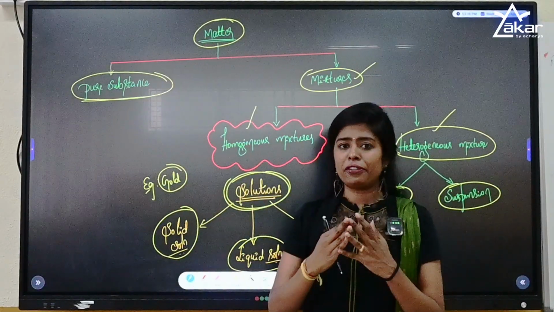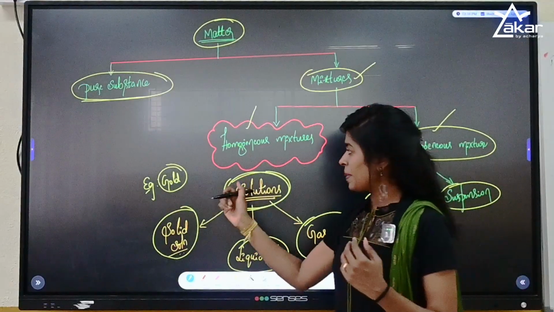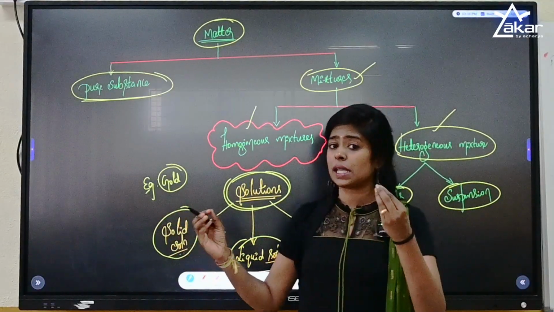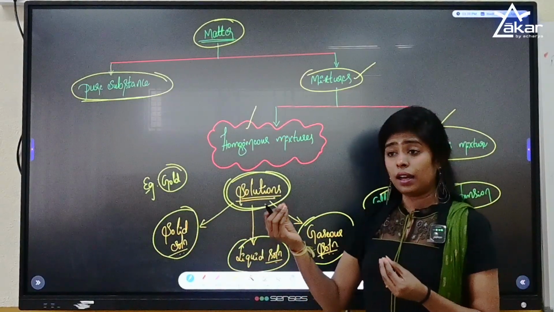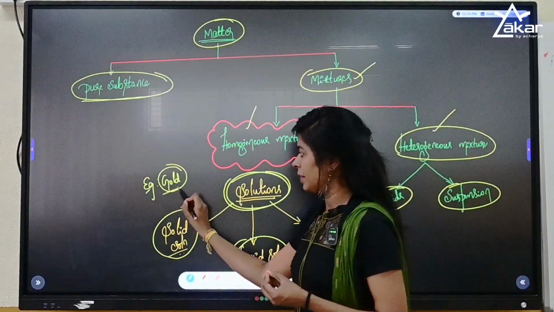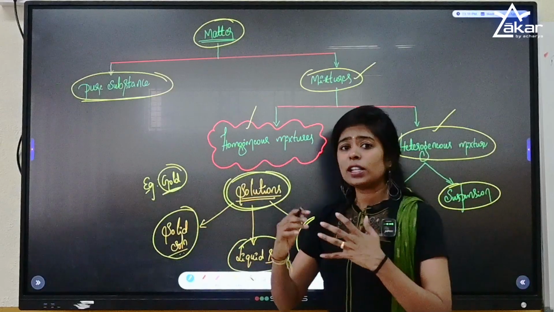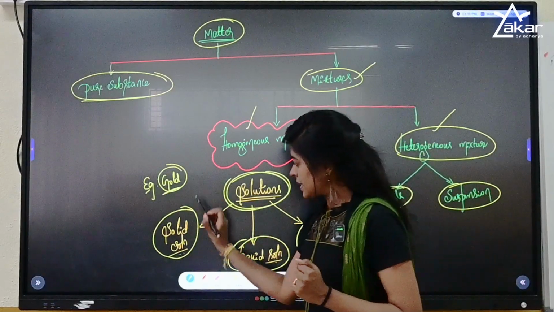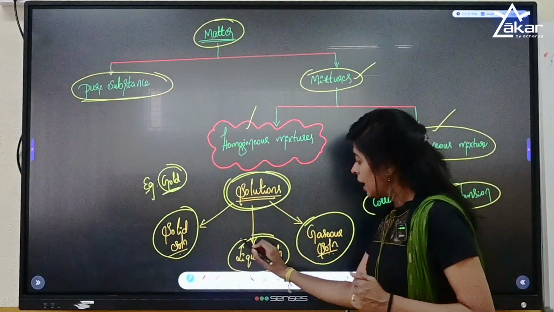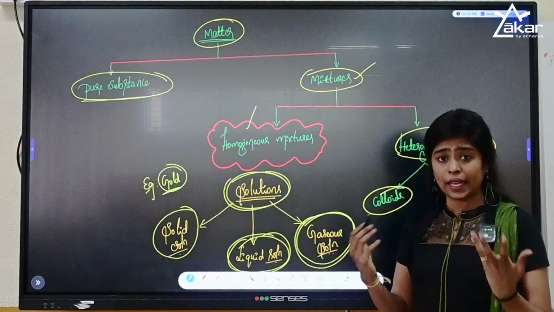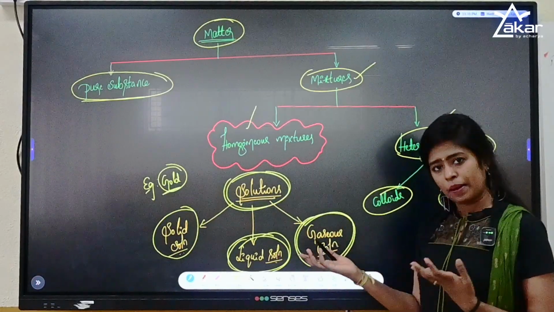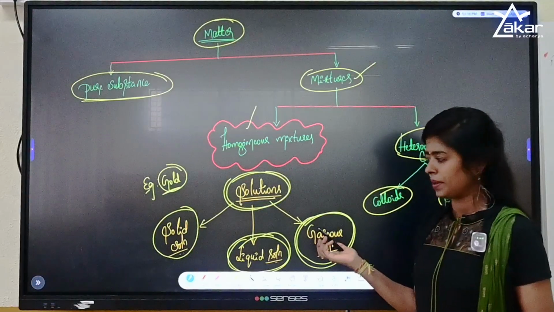But it is not possible for us to differentiate, because the majority of the part is gold and some minor amount of nickel, copper and many other alloys will be present in the gold. But we cannot segregate that. So this is an example of a solid solution. Similarly, liquid solutions we all know. Gaseous solution, the air we are breathing, is the best example of a gaseous solution.